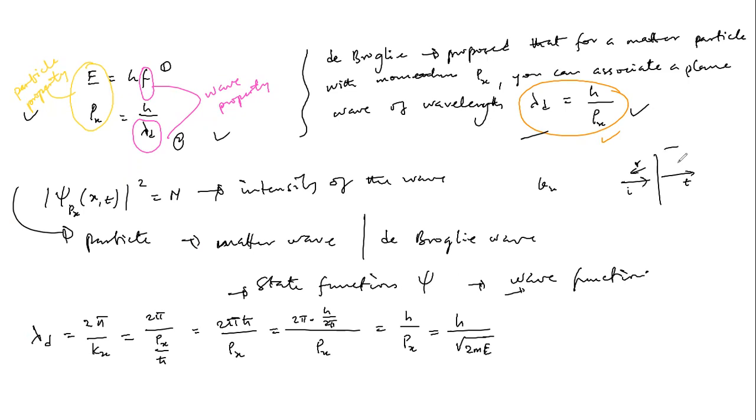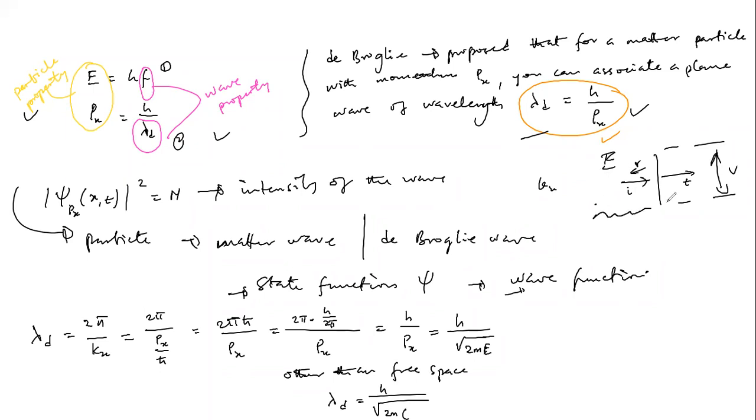Now, this part describes the potential difference, say V, then the de Broglie wavelength other than in free space is h divided by the square root of 2m times the energy of the wave minus the potential, say V.